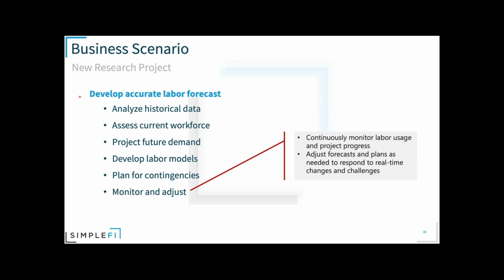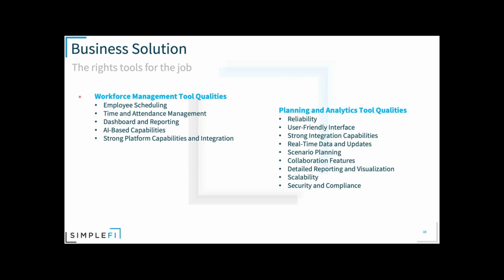So, what would I look for in a solution, a software, a business solution to have an accurate labor forecast relative to the capital project? Well, we can look at some criteria in a couple different areas, not only for the workforce management tool qualities, which would be strictly on the people side, but also the planning and analytical tool qualities.